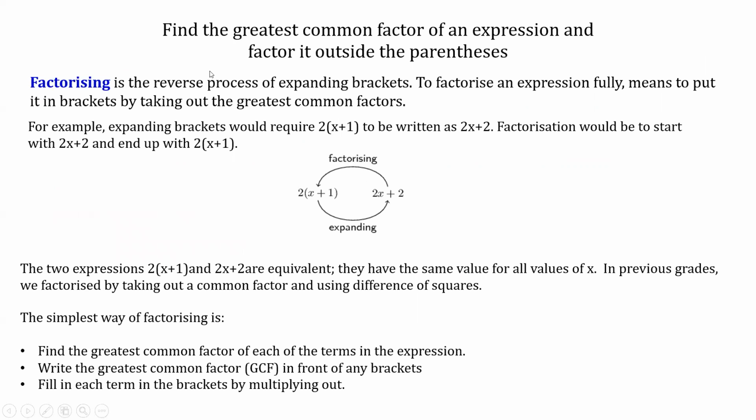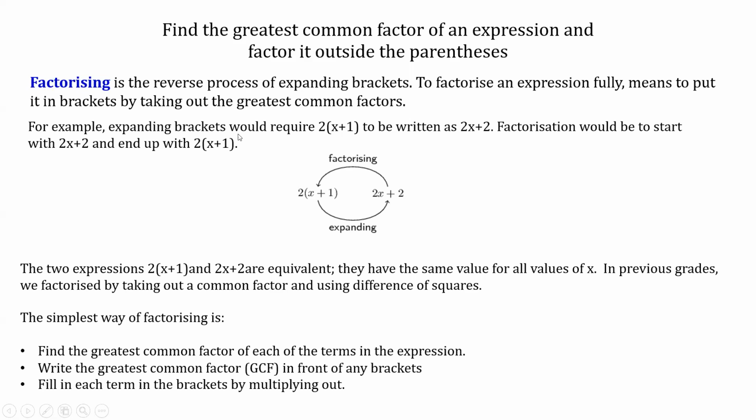Next, our operation is factorizing. Factorizing is the reverse process of expanding brackets. Factorizing and expanding are reverse processes. To factorize an expression means to put it in brackets by taking out the greatest common factor.